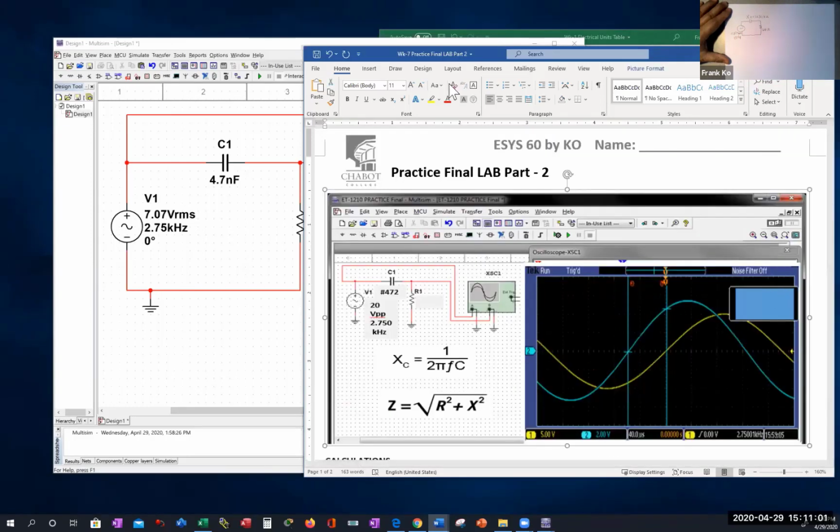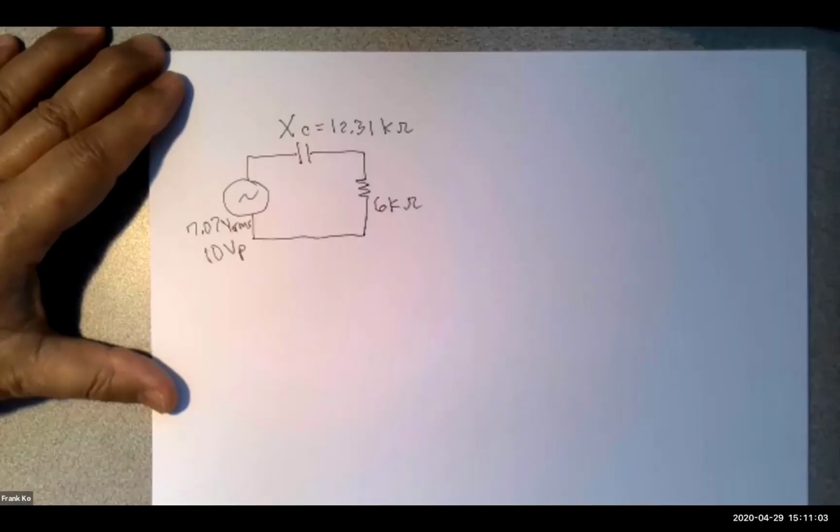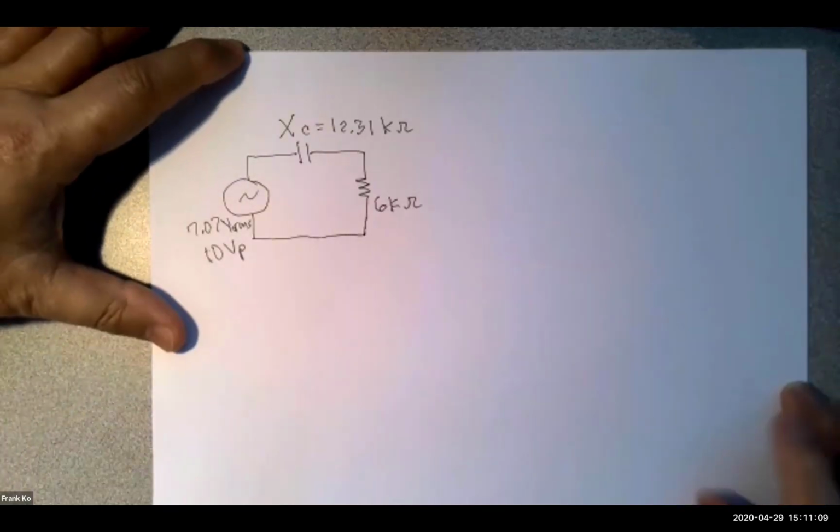I'm going to unshare the screen and go back to my worksheet. So you're going to see something very interesting here.